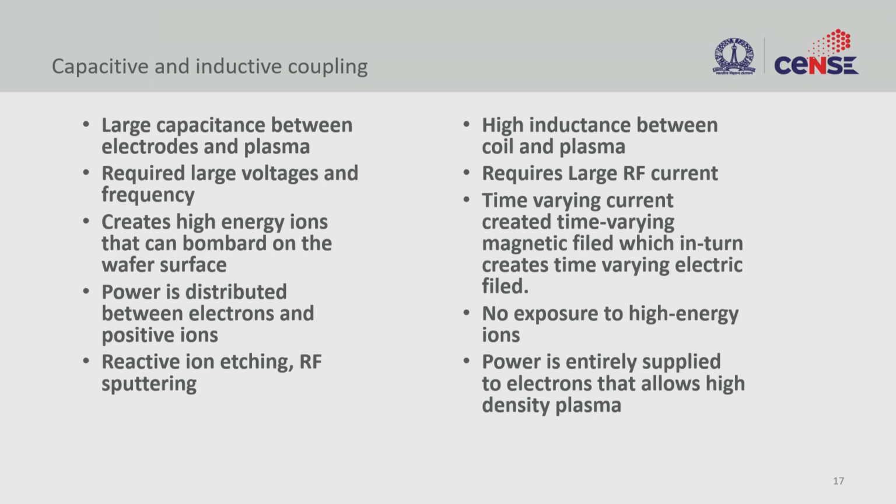And this is broadly the difference between the capacitively coupled system and the inductively coupled system. There is a large capacitance that you create between the electrode and the plasma, but inductive coupling happens between the coil and the plasma. So capacitive coupling requires very large voltage, but in inductive coupling, you need large current. So there is a voltage source and there is a current source.